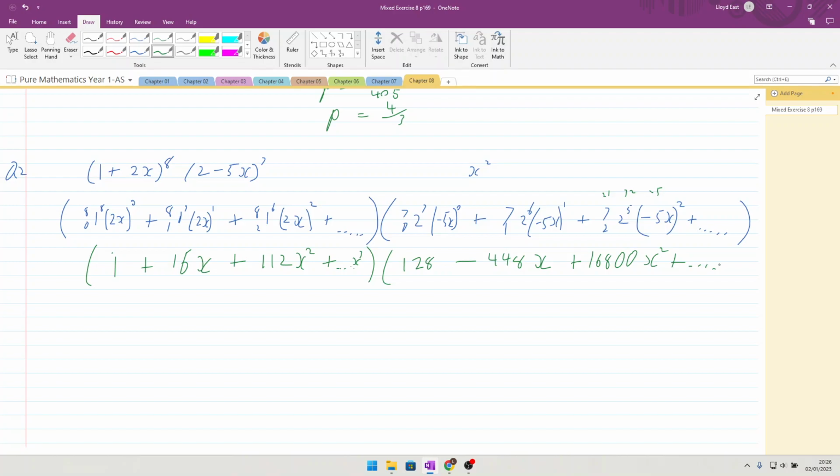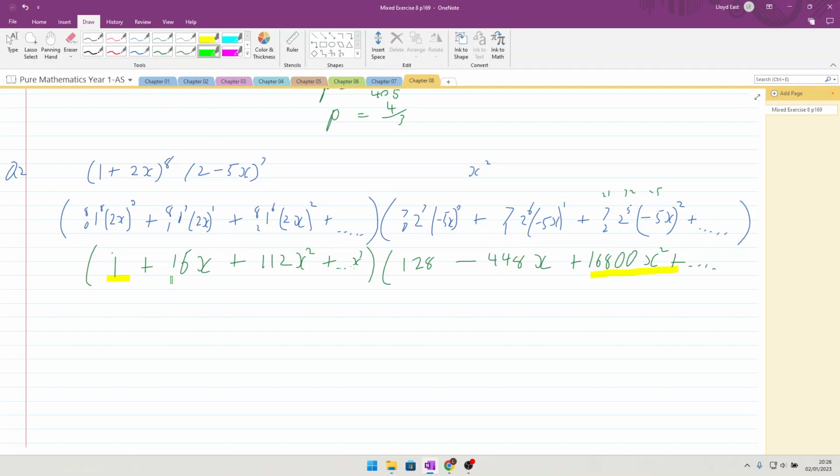Okay, so now as I come out here, I'm going to multiply this 1 to get a 16800 x squared. I could do it as 128. I could get all of this, but I'm definitely going to get that one. I'm then going to have the 16 multiplying, which will only produce an x squared when it multiplies here. Okay, so I'm going to do the 1 and the 16,800.